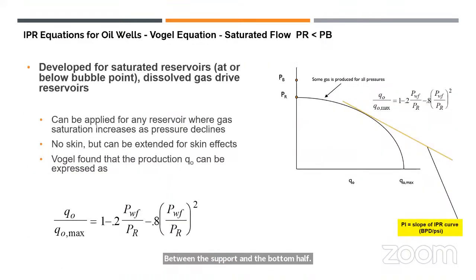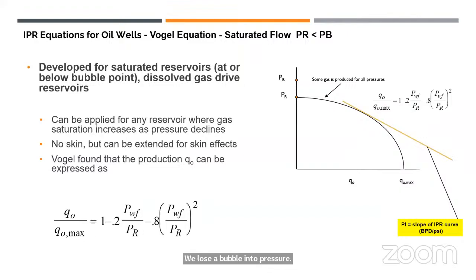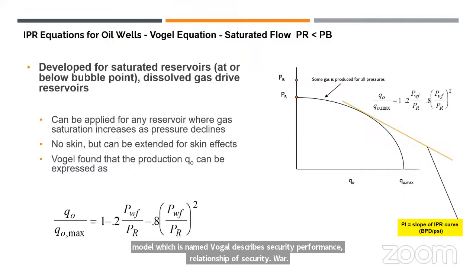Another model is for a saturated reservoir, in which the reservoir pressure is below the bubble point pressure. So we have a different model, developed by another person named Vogel. Vogel describes the flow performance relationship of a saturated reservoir below bubble point pressure.